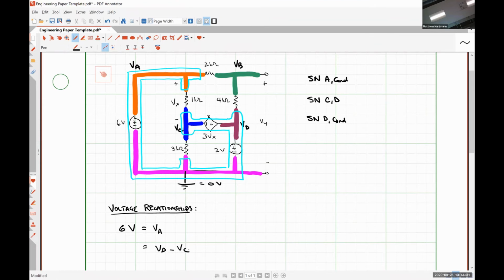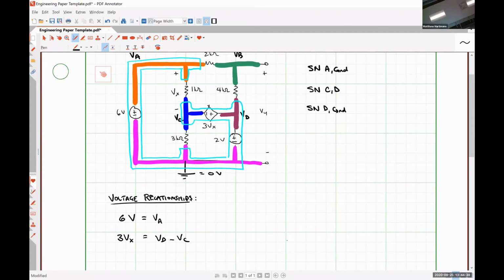What does the symbol tell us? 3Vx. Lastly, we have supernode D to ground. So as Ms. Michaels, I think, said, it's a 2-volt source. What's our voltage relationship equation going to be? VD minus 0, which is just VD. All right, so we have 3 equations right there.